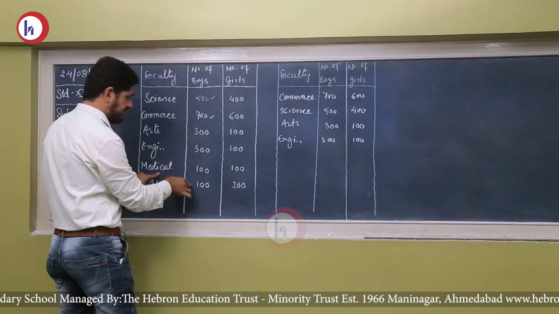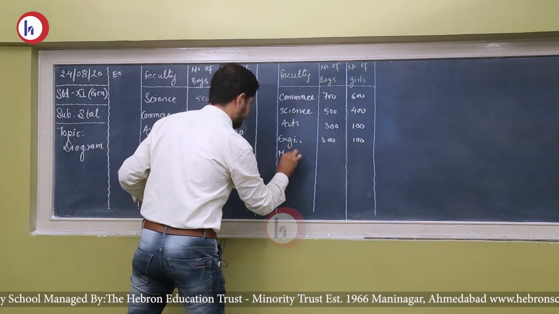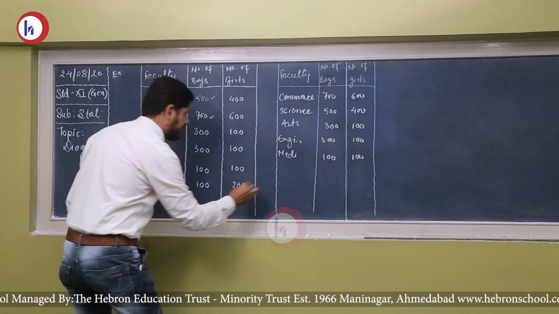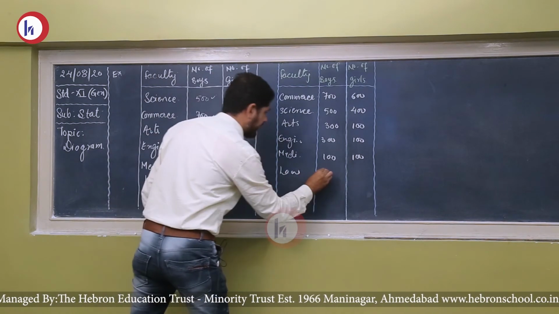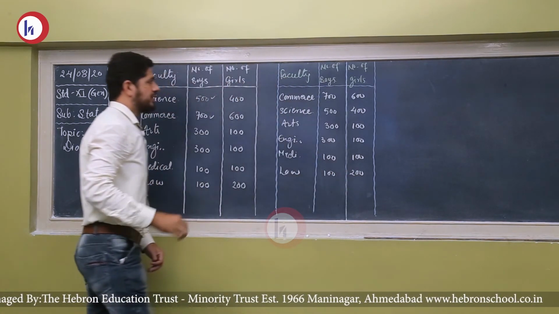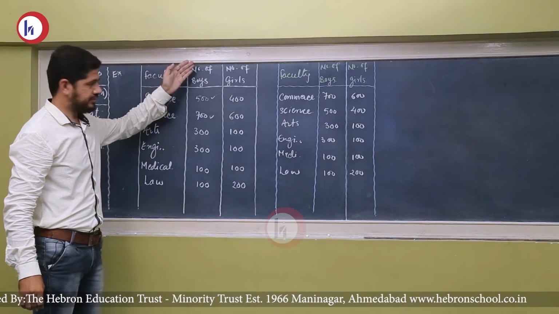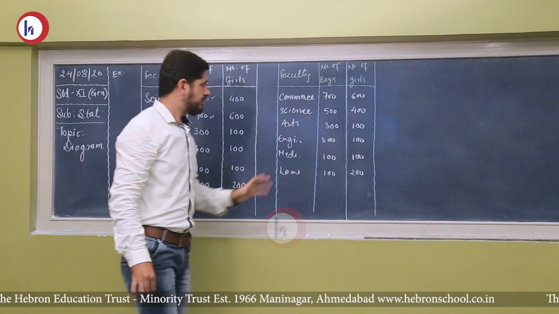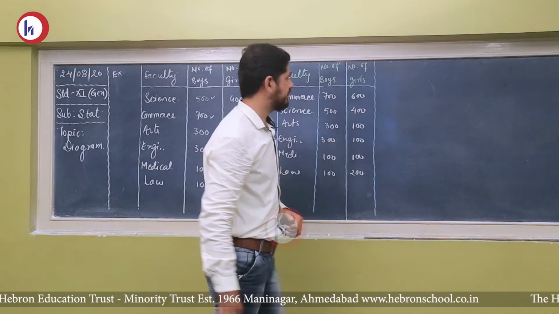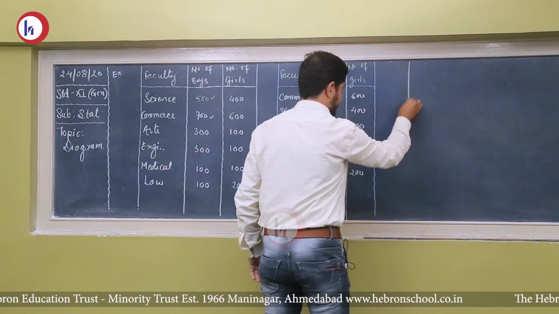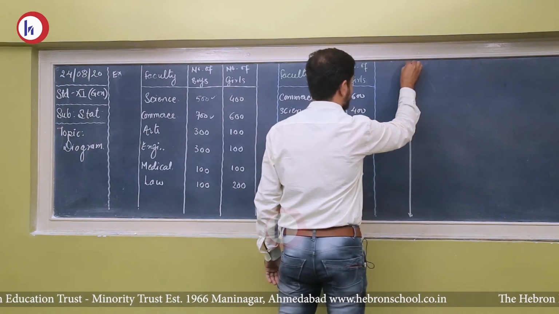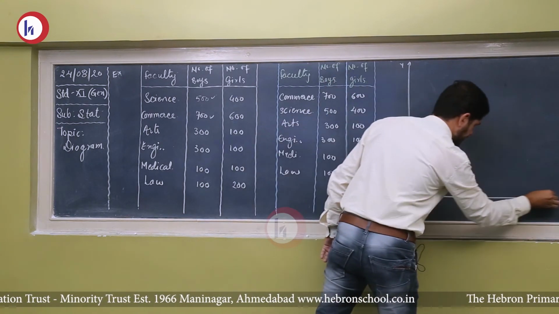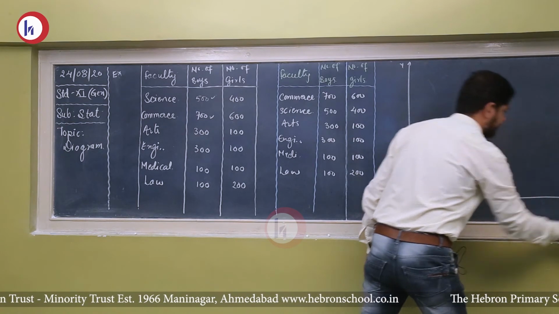In medical, it is 100. And finally, in law, it is 100 and 200. So students, we arrange the data on the number of boys in descending order. Now let's represent all this data in a graph. So we have the y-axis, and again we have the x-axis.